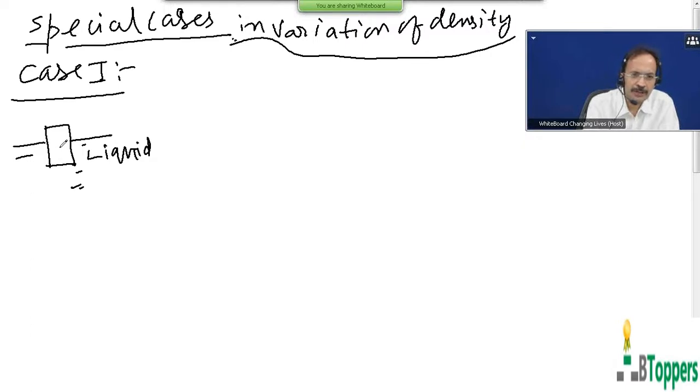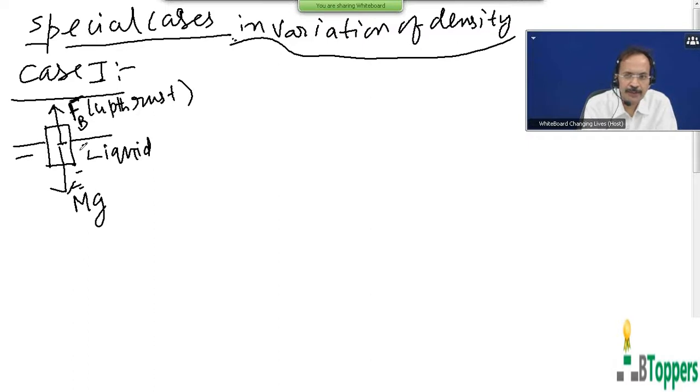So the body is floating in equilibrium, net force on the body is 0. Two forces act on the body, one is its weight mg, and the other, discussed in fluid mechanics or fluid statics, is FB, which represents the magnitude of force of buoyancy or upthrust.